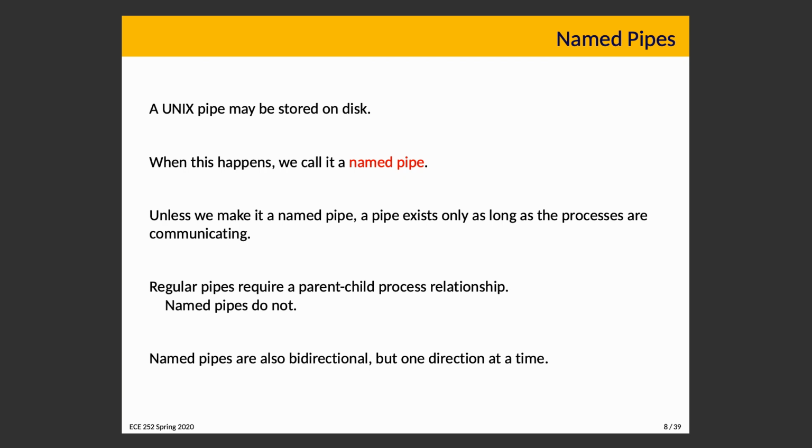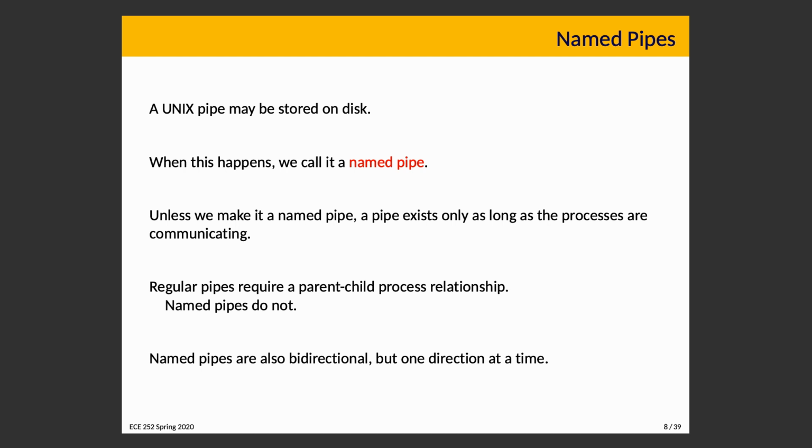And it is allowed to store a UNIX pipe on disk. When that happens, it is referred to as a named pipe. You're effectively saving the file, although it isn't really a file as much as it is a buffer. Unless you make a pipe a named pipe, it really only exists as long as the processes are communicating. And a regular pipe has to have a parent-child relationship. Why?